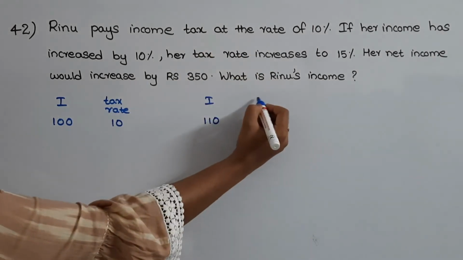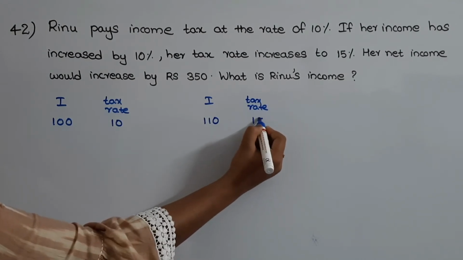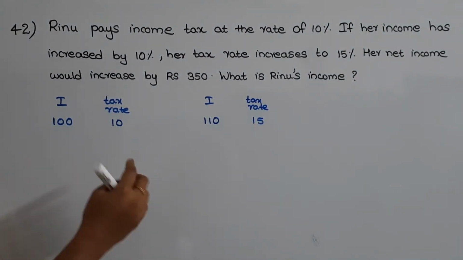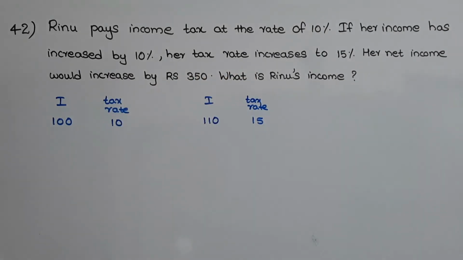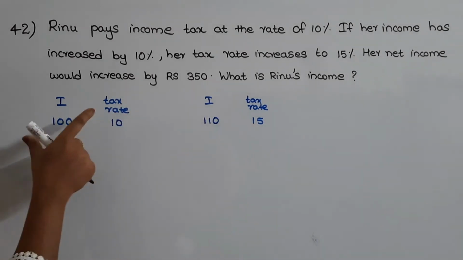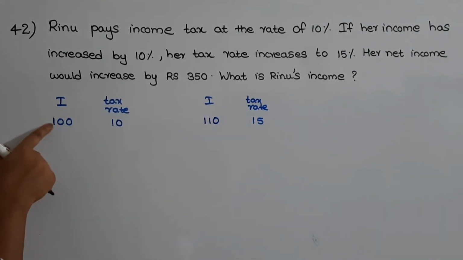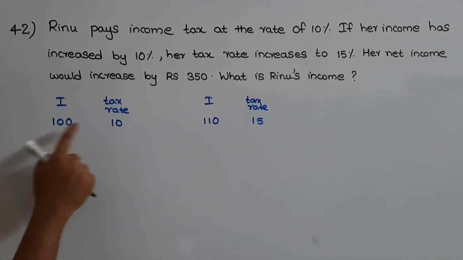At that time the tax rate is given as 15%. In the question they have given the difference between the net income in both these cases as rupees 350. So let us find out the difference between the net income in both these cases when the income is taken as 100.